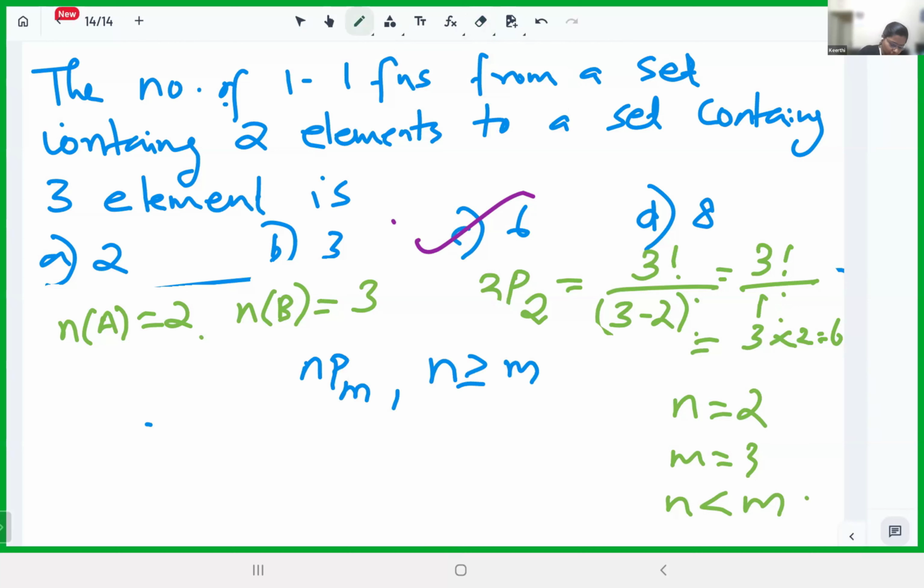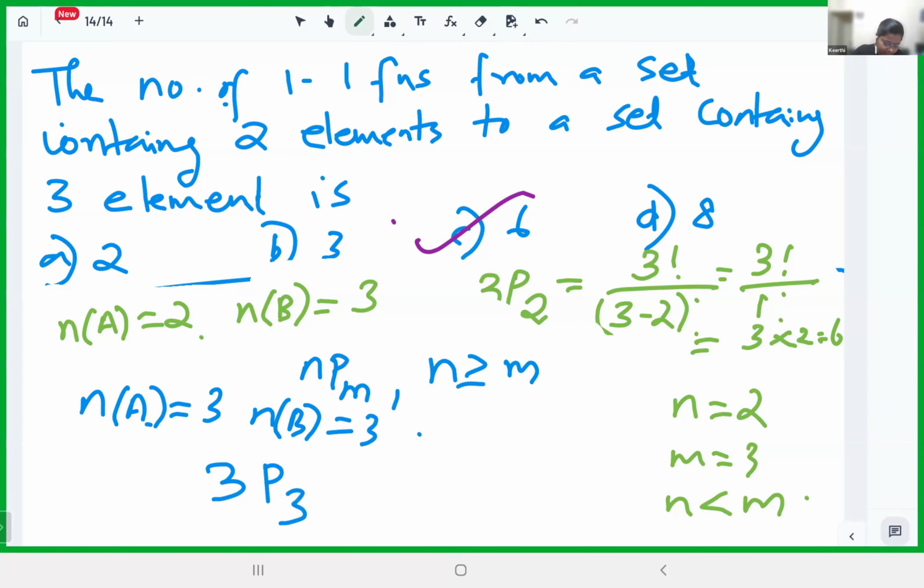So if both are equal, that is if n(A) is equal to 3 and n(B) is also equal to 3, then the number of one-one functions will be nothing but 3P3. That is equal to 3 factorial by 0 factorial. 0 factorial is 1. That is equal to 3 factorial.